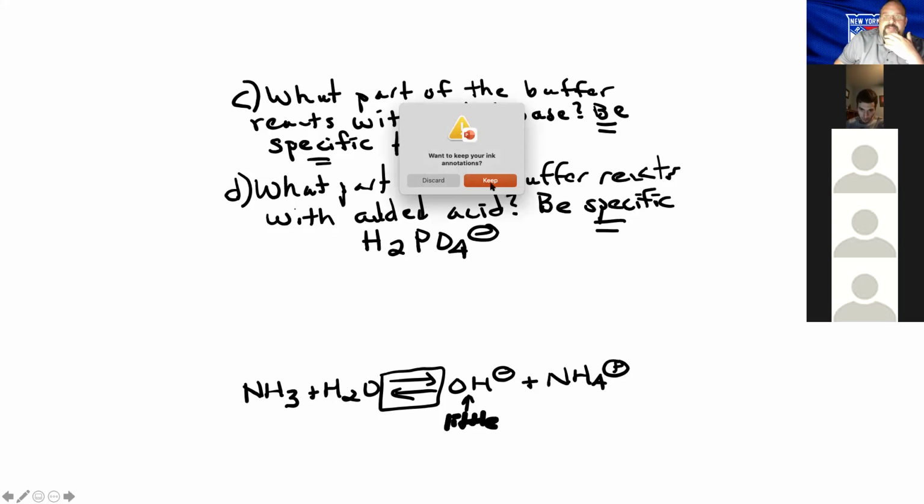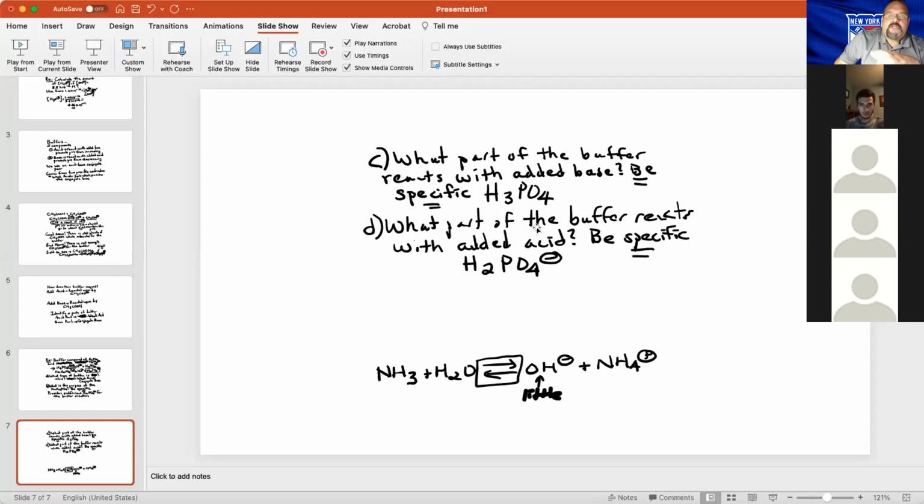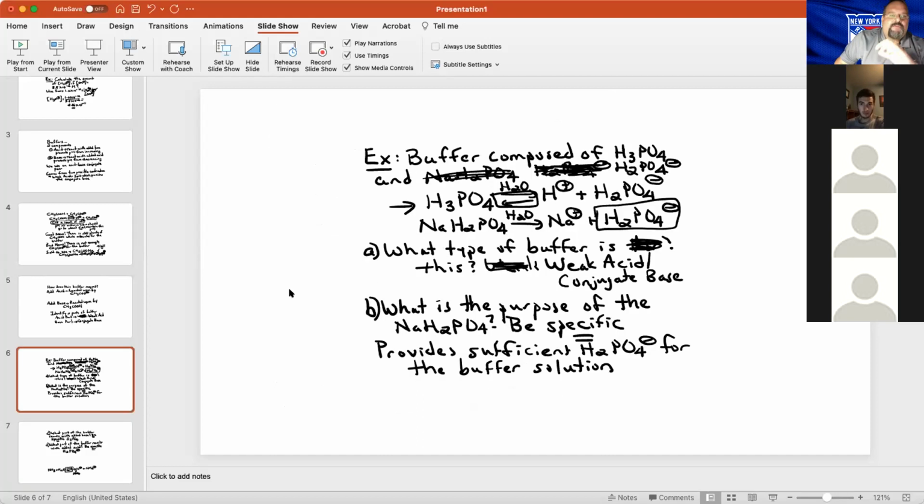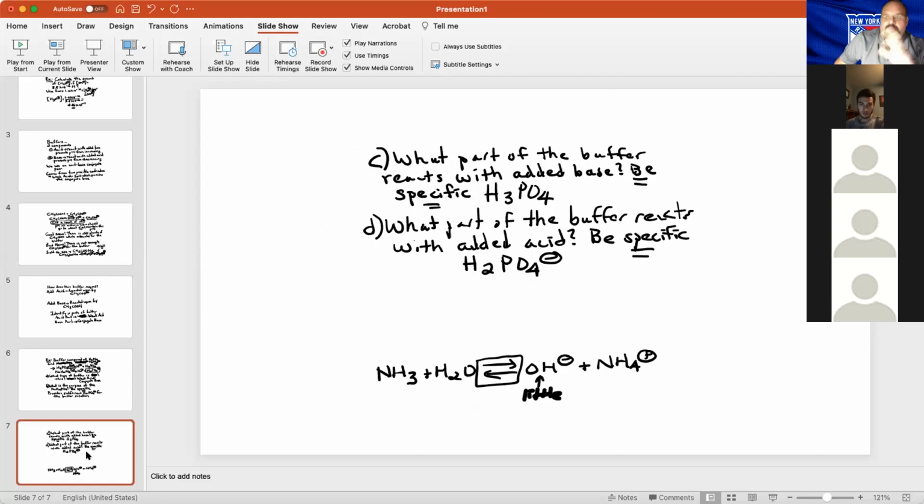So as I said, the buffer question in the homework is not really how I would ask you about it, because there were some things there that I think they should really change to make it clearer. If you could answer these four parts, in other words, if I give you the buffer, these two components, here's the equations, and you understood how to answer these four questions, then when I ask you about buffers on the exam, you'll have a good understanding of how to answer them.